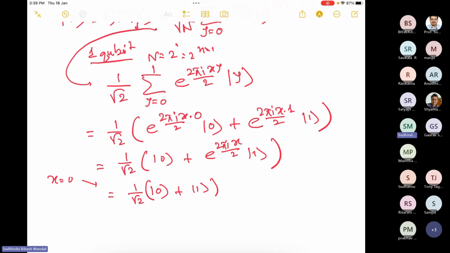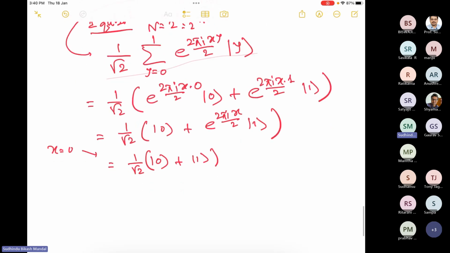I think you got some similarities; you get some idea what the 1 qubit Fourier transformation will be. If x is equal to 1, then this expression becomes 1 by root 2 (|0> plus e to the power pi i |1>). And what is the value of e to the power pi i?